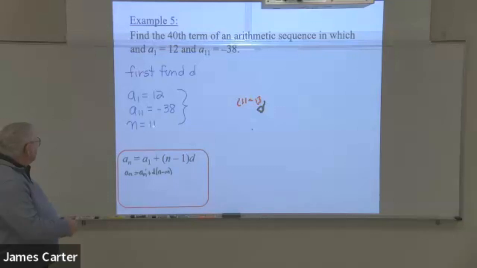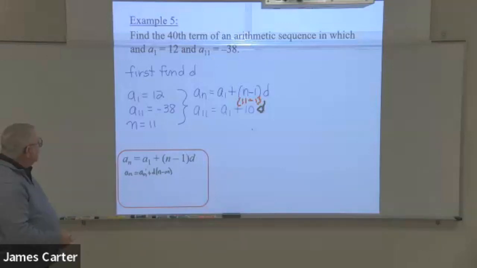In this case, n, for that one, n would be 11, right? So if we take this form, we're going to put in the first term, we're going to put in the 11 for the 11th term.